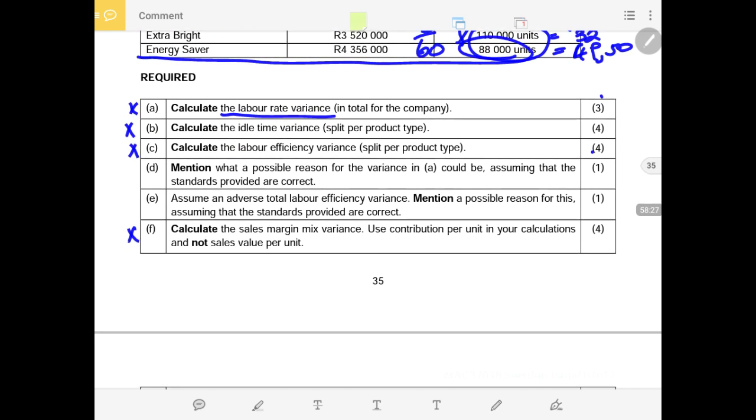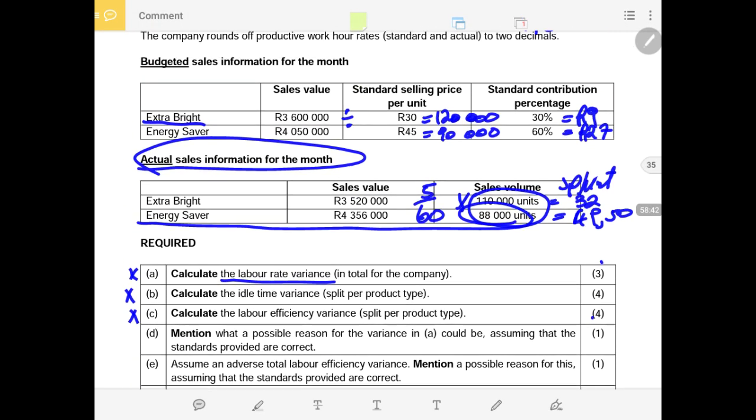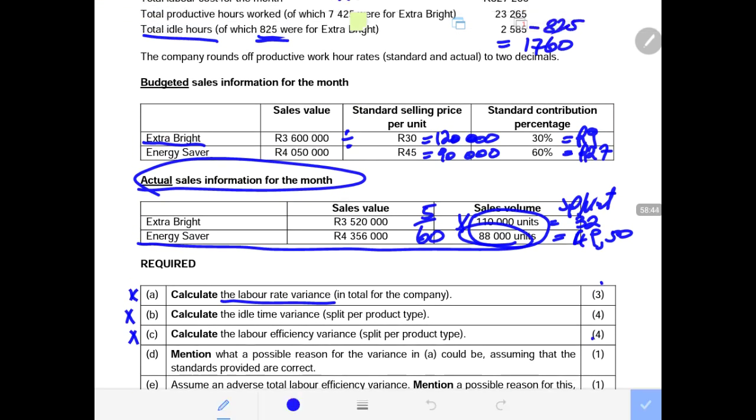Number F, possibly the last part of the question, and we are now required to calculate the sales mix variance. Use contribution per unit in your calculations and not the sales value. And thank you that they are reminding us of this. Not all the time they remind us. You must know that we always use the contribution, the 9 Rand and the 27 Rand, which was the selling price minus variable cost.